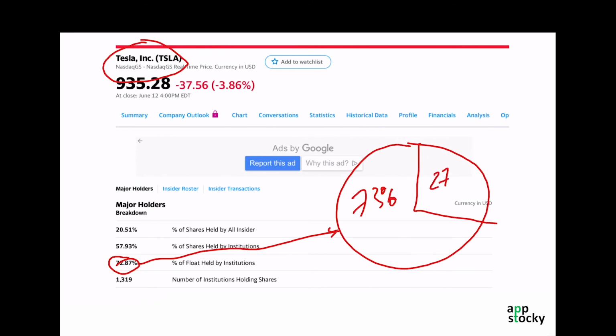Here we have millions of people holding a couple of shares of Tesla, and then you have minorities, let's say hundreds of institutional investors holding 73%. By the way, for any other stock, if you open it, you will see that the majority of the stock is always in institutional pockets, not in the retail market.